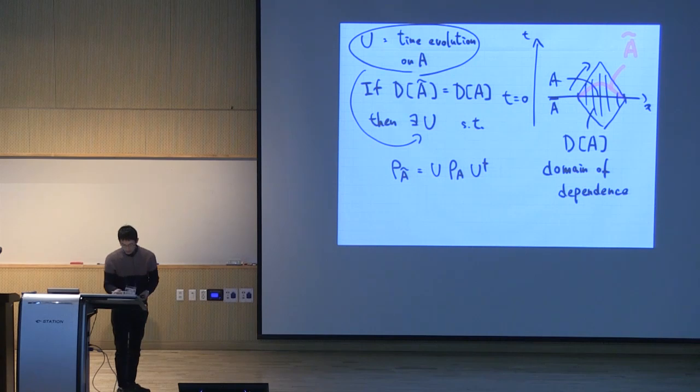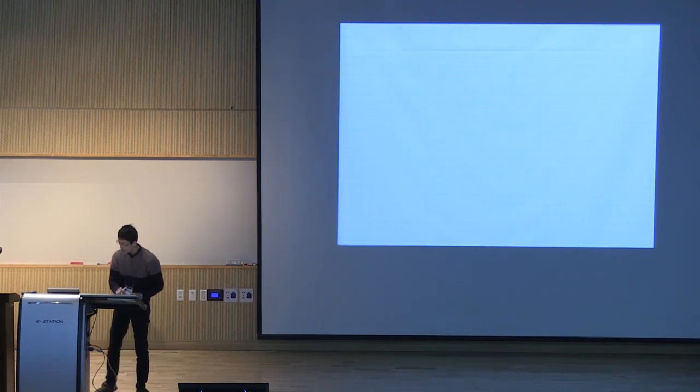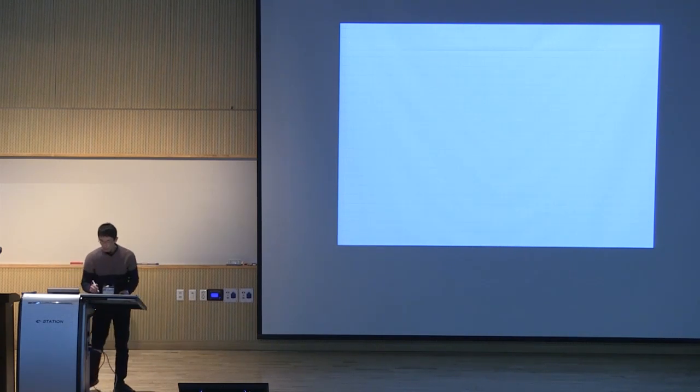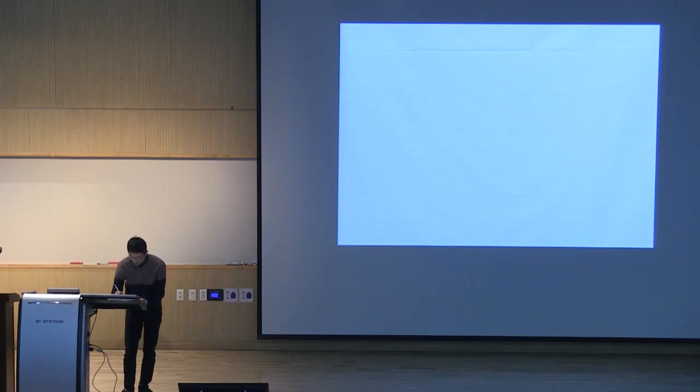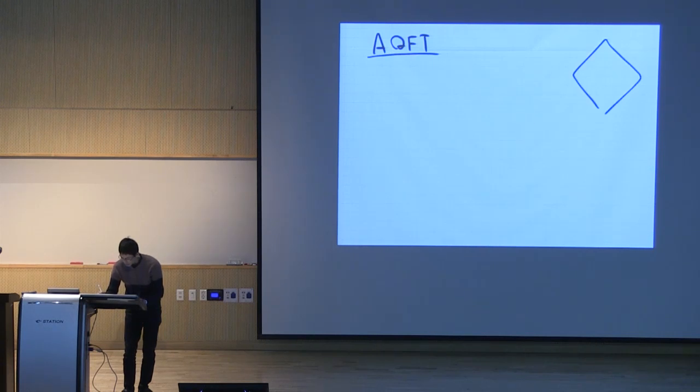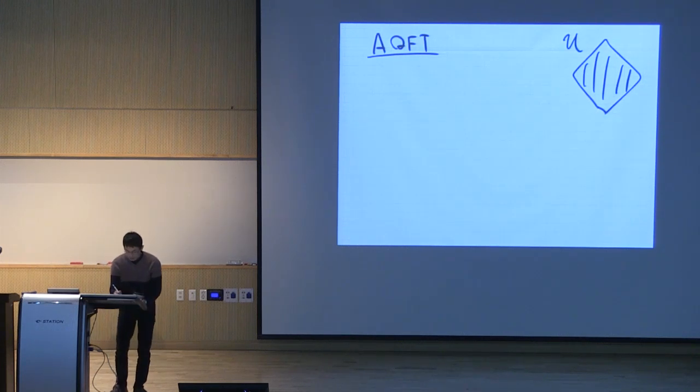So now, instead of using rho A directly, we want to associate an algebra to a space-time region. Given some space-time region called U, now we associate, roughly speaking, the operator algebra A, or A sub U, associated with the space-time region.